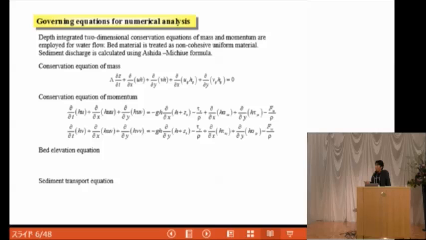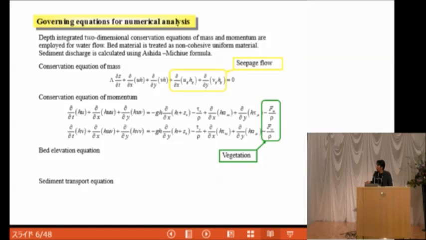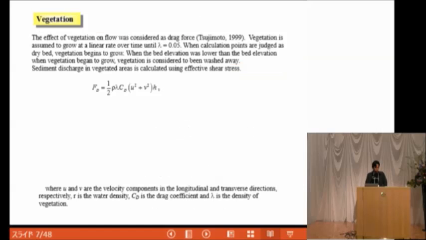Vegetation is treated as a drag force in this calculation. For the bed deformation analysis of the braided channel, for the sediment transport rate equation, the modified Ashida-Michiue formula is used. The modification is made for the estimation of the critical shear stress on the slope. And for the vegetation model, Tsujimoto's model is used here.